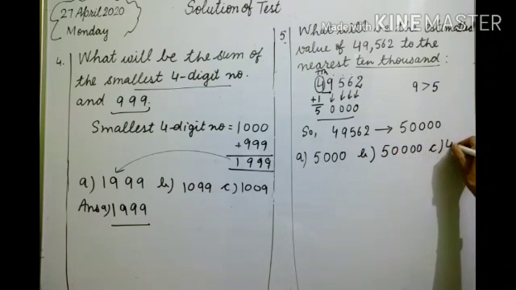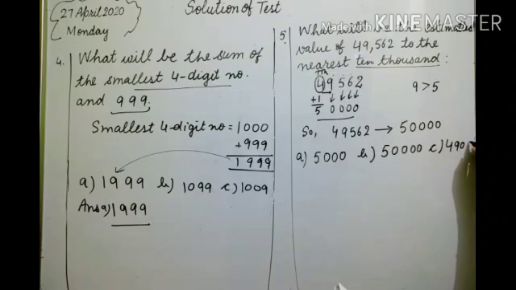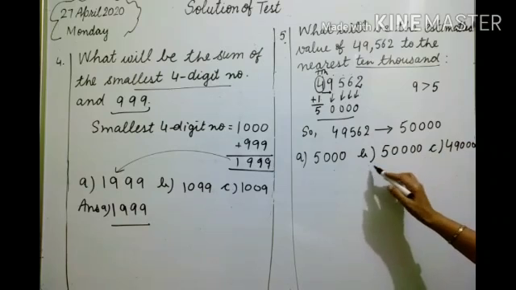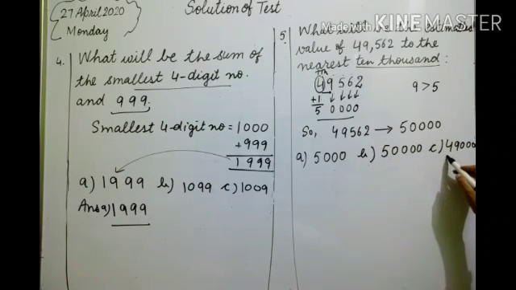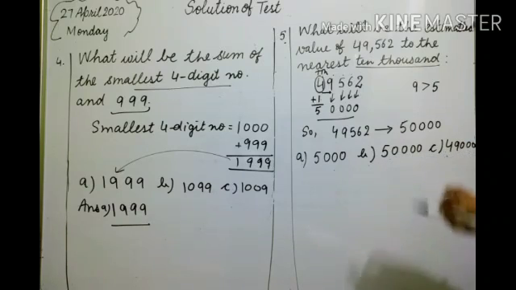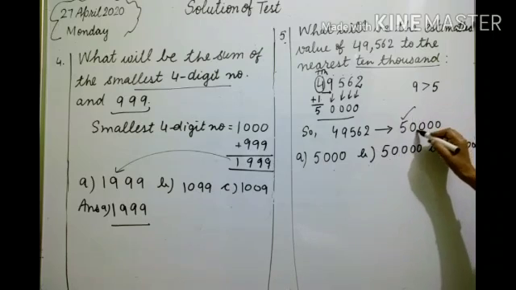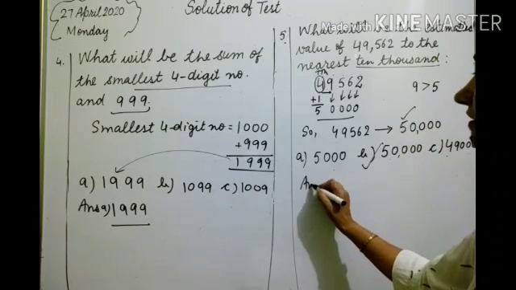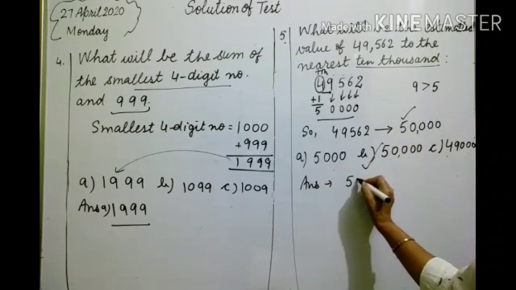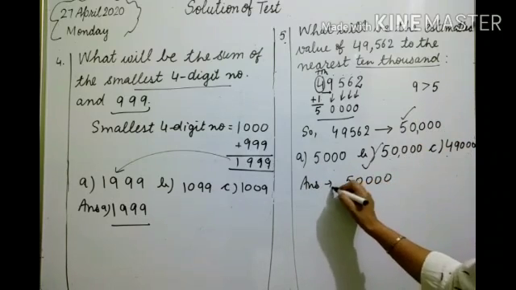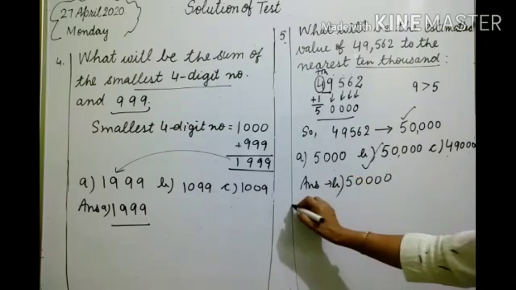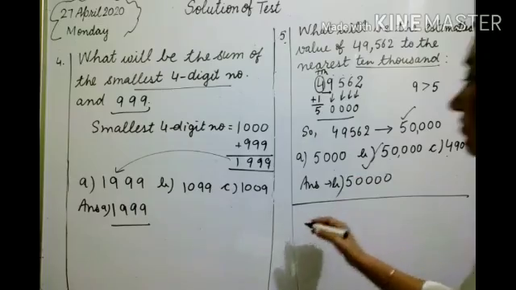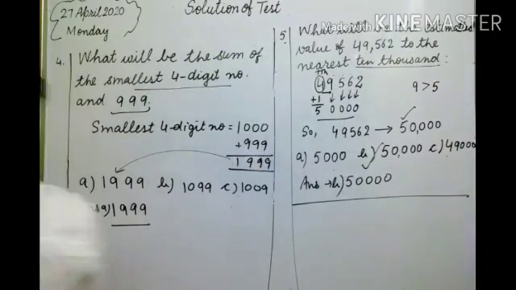First option 5,000, second option B 50,000, and C option 49,000. Our answer is 50,000. So B option is right. You will write the answer separately when you solve in your notebook. Now let's take question number 6.